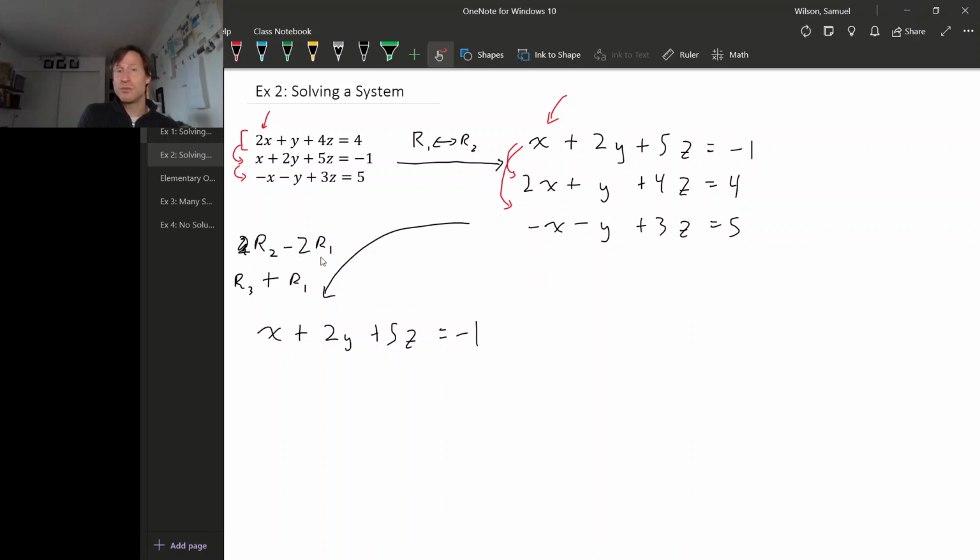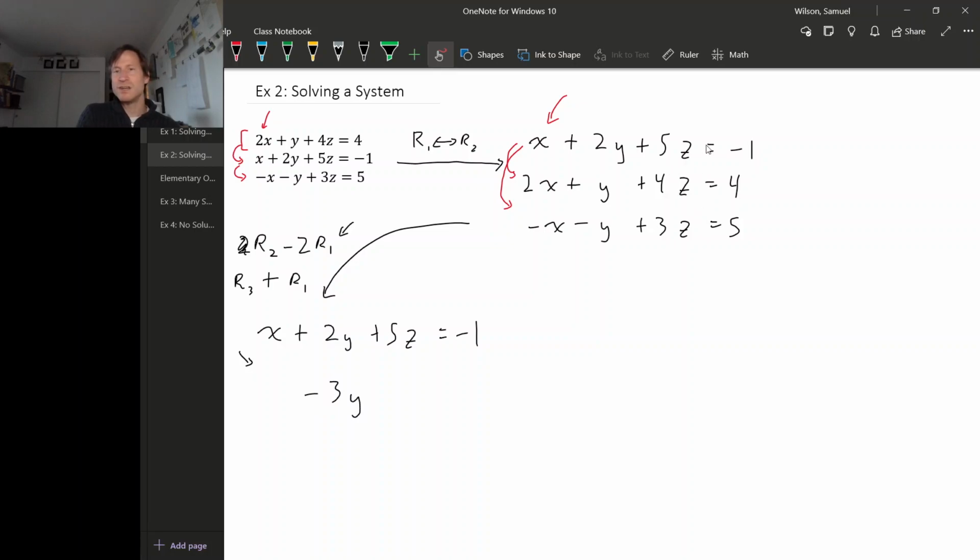Now for row 2, remember we're going to subtract 2 times row 1, so 2x minus 2 times x is no x's, so there are no x's that show up in the second equation. And then y minus 2 times 2y, so that's y minus 4y, that's minus 3y.